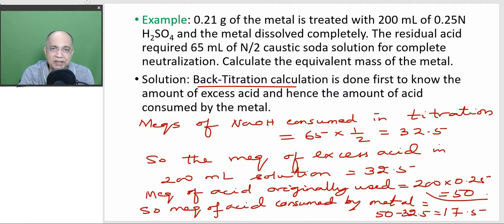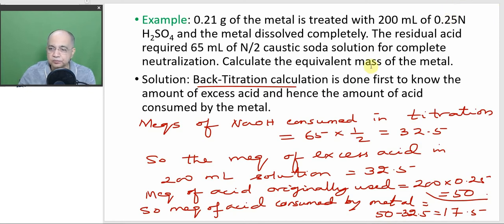The moment you get the milliequivalence of a particular reagent, convert into millimoles by using the N factor. Divide the number of milliequivalents by the N factor to get the number of millimoles, and then climb the ladder through mole method. Balance the equation and then correlate between the two species. But here you can justify to climb the ladder in equivalent concept.